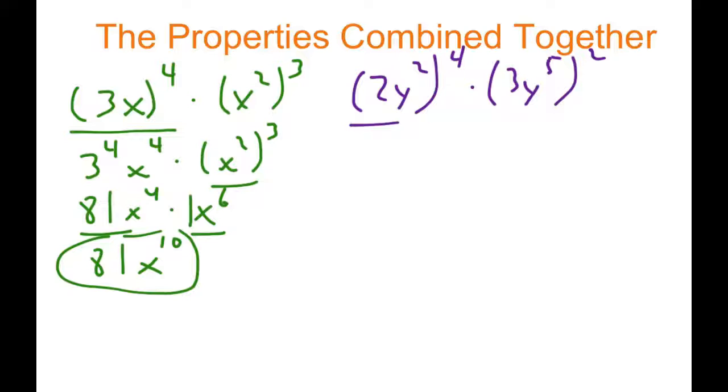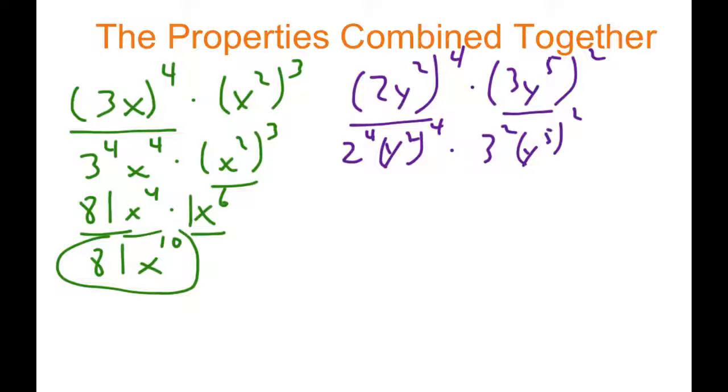Alright, so what I'm going to deal with here, we have our power of product property, because there's a product inside the parentheses being raised to a power. So we have 2 to the fourth, and then we have times y squared raised to the fourth. Then we have the same thing over here. We have 3 to the second power times y to the fifth to the second power.